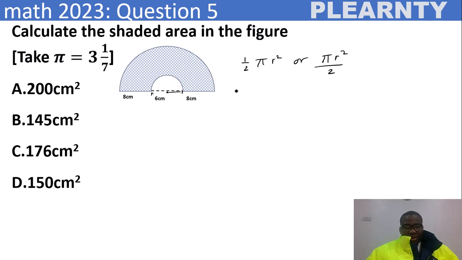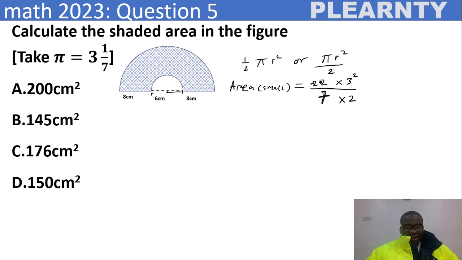So for the small semicircle, so we are looking for area of small semicircle. So our pi is 22 over 7, and we want to divide the whole thing by 2. And we have r square, which is 3 raised to power 2.